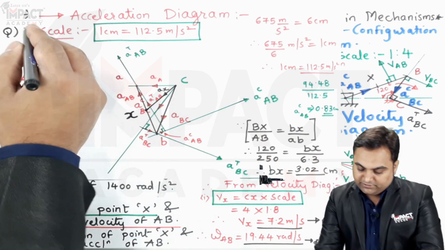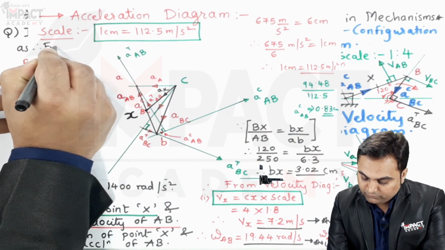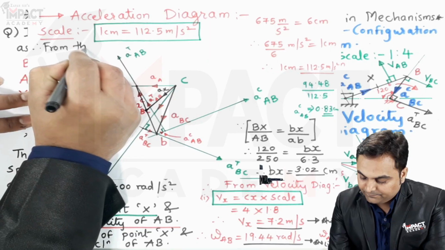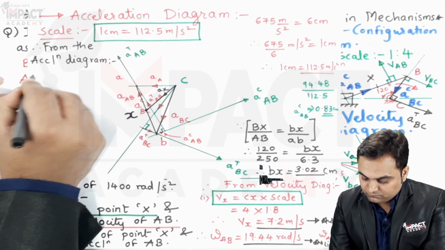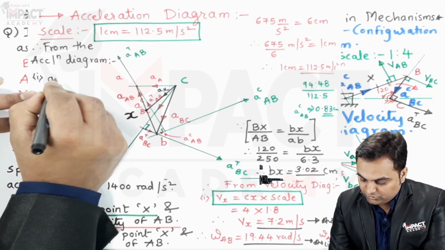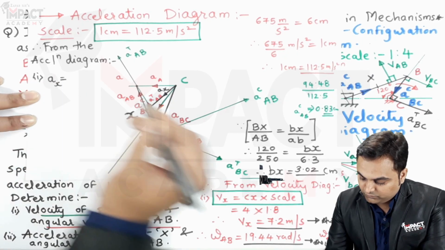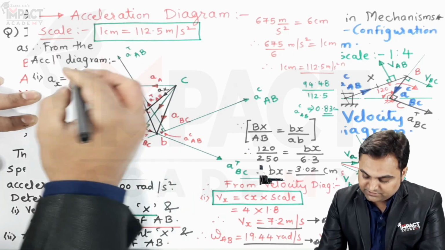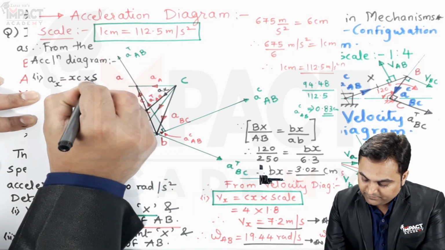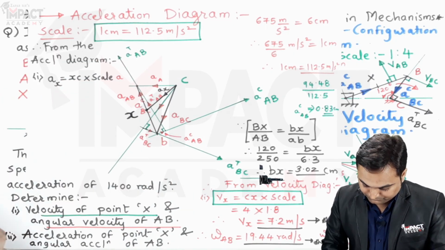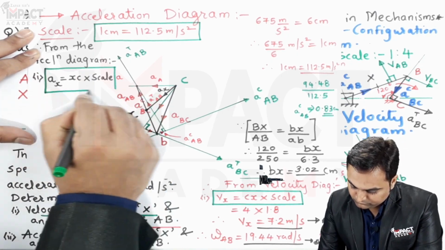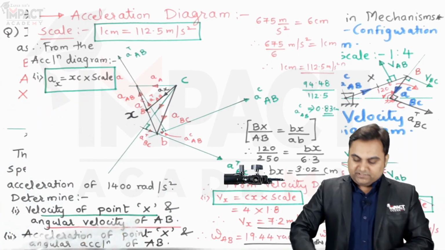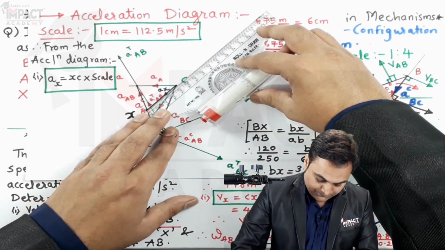So I can say that therefore from the acceleration diagram, the acceleration of point X is equal to the distance xc multiplied by the scale. The distance xc would be measured.